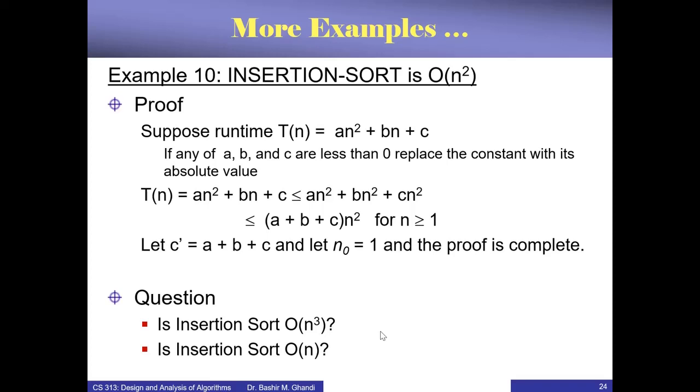Definitely not. n squared cannot be less than or equal to n. Always remember when we say big O, think of it like less than or equal. Can we say n squared, our function for insertion sort, is less than or equal to n? No. So this is definitely not.